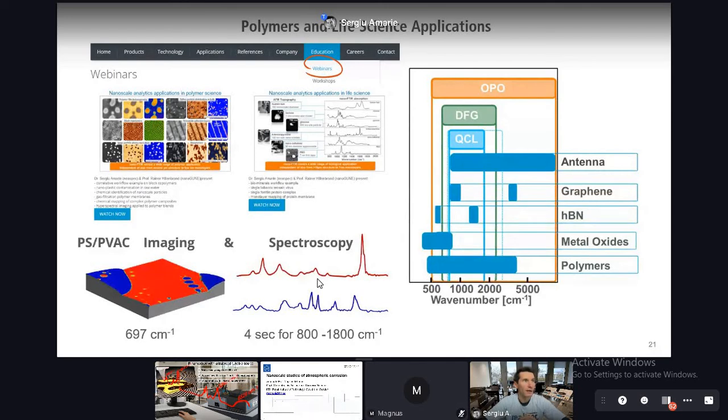Now, if you compare the previous generation OPOs with this OPO on the same material using the same microscopes, also between microscopes there might be a difference. So if you take a microscope from Neaspec and compare it with other microscopes available on the market, you would also see a huge difference.